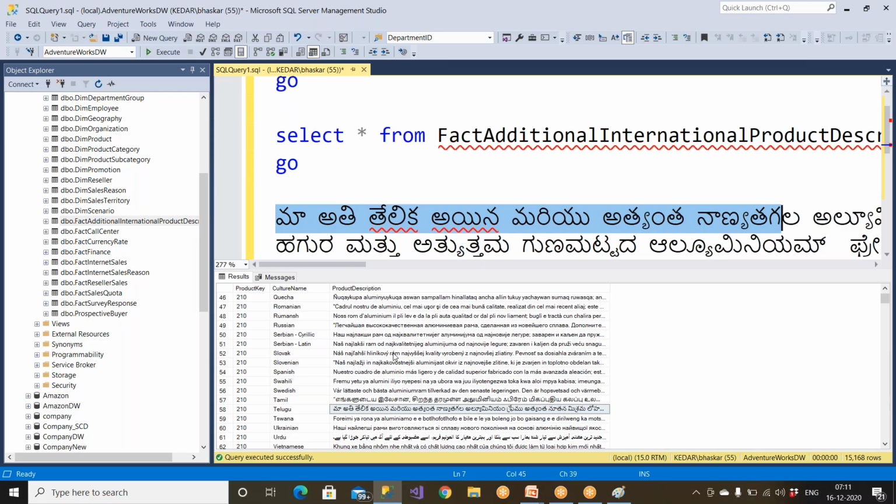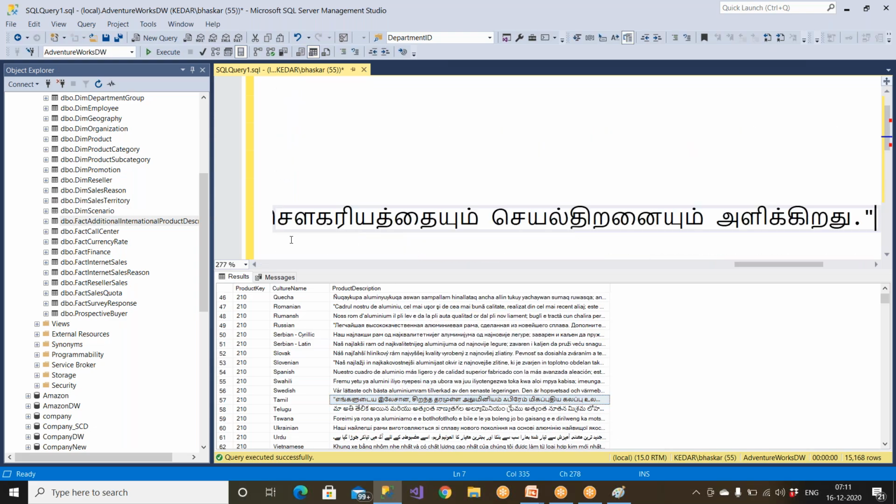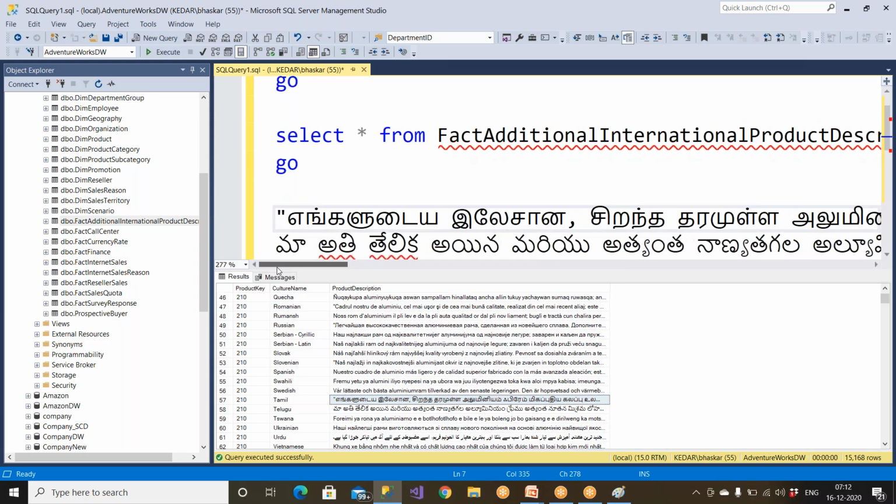So you need to understand SQL Server is supporting not only English data. This is English, so whatever you are storing, it is English. And this is one more Indian language. India has a lot of languages and every language has a good script. Most of the Indian languages are captured in this.